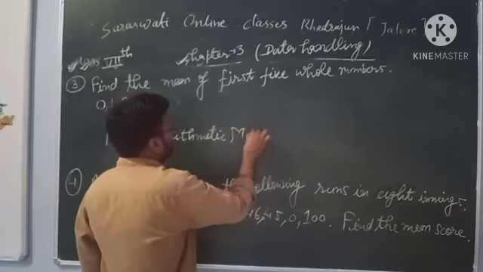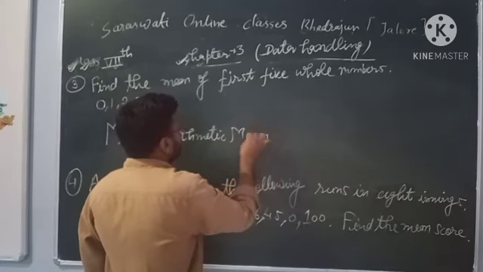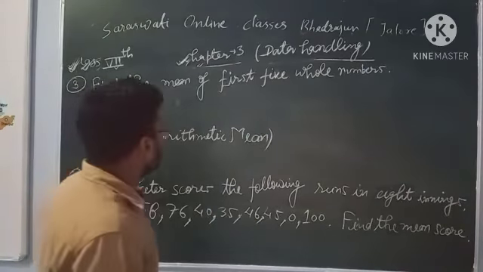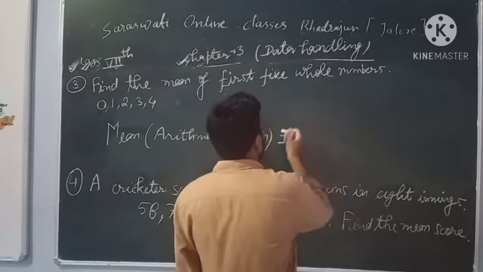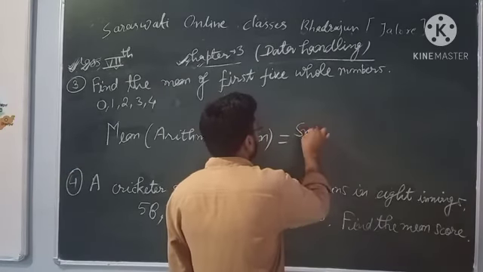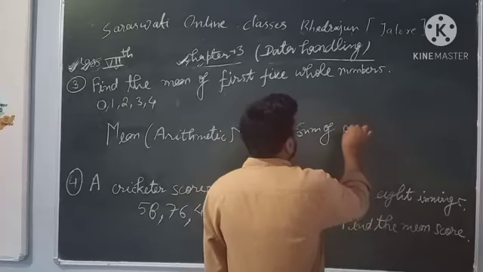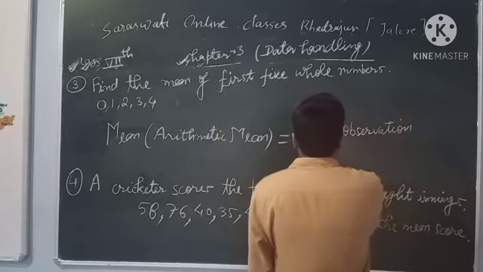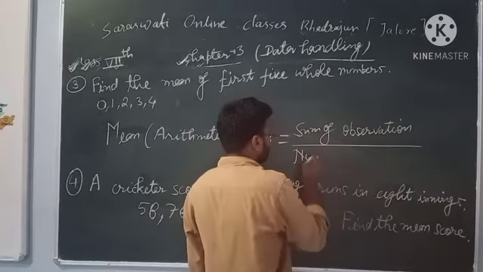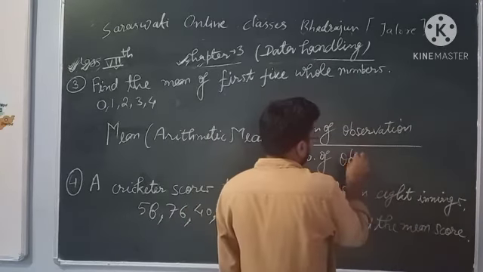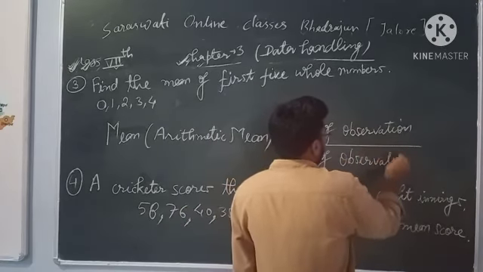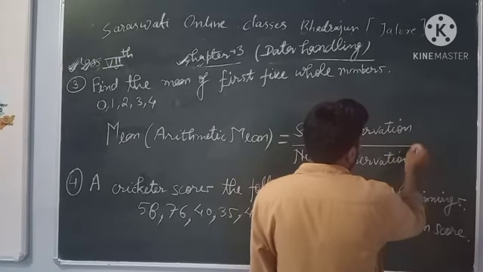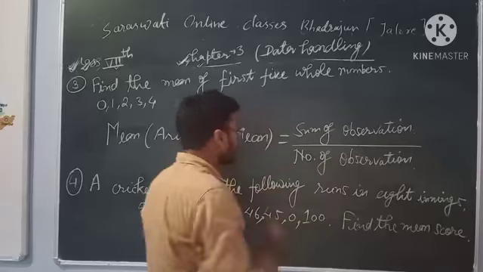And the formula for this is sum of observations upon number of observations.